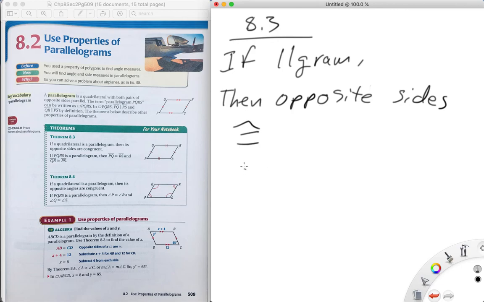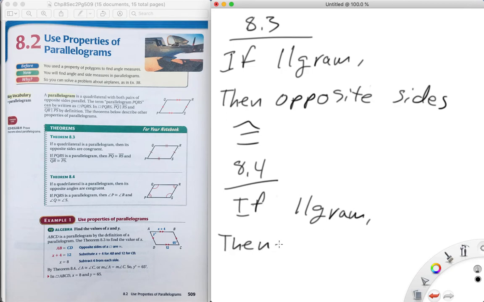Right. Theorem 8.4 says that if a quadrilateral is a parallelogram, then opposite angles are congruent.